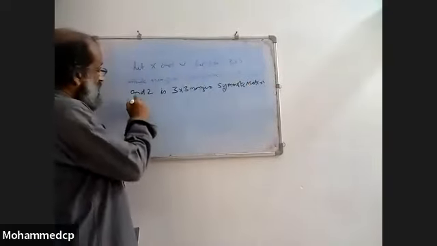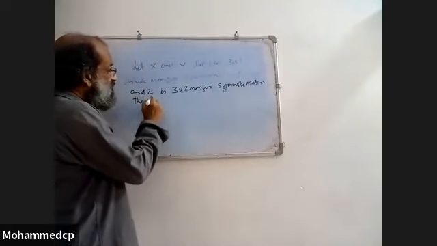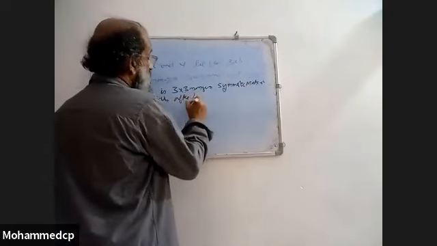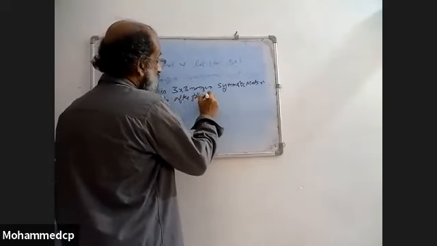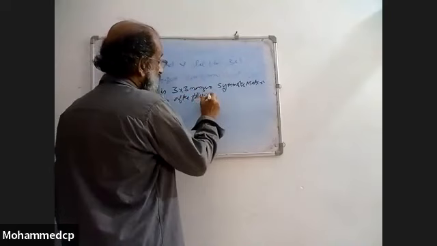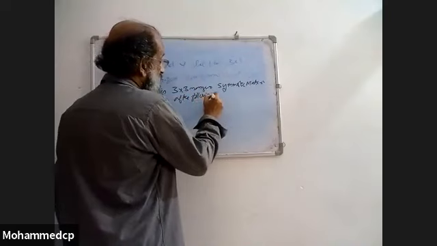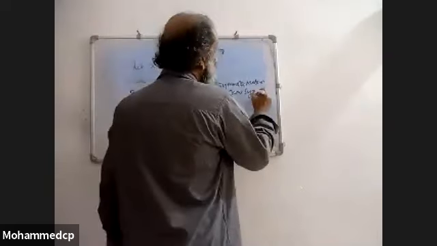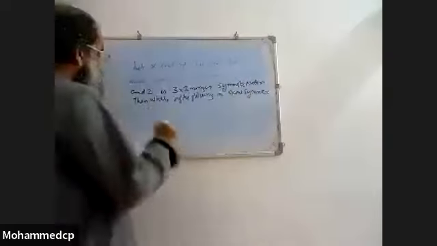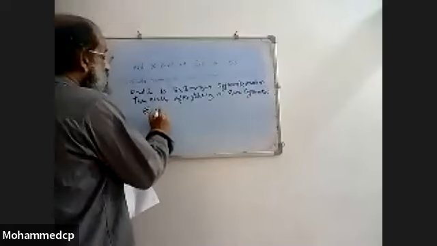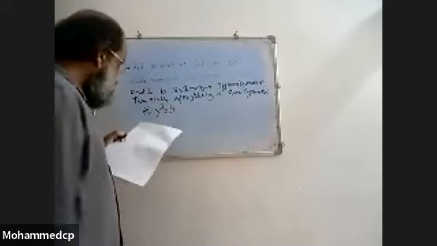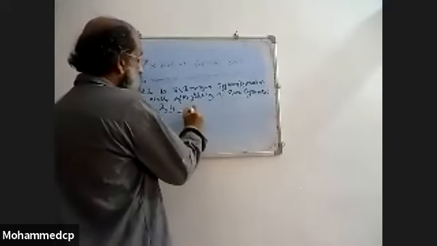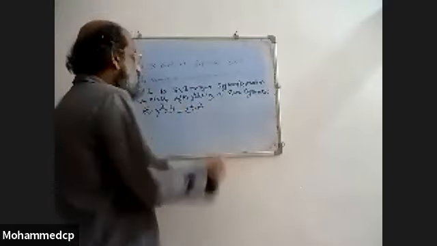Then, which of the following is skew symmetric? Option A, Y cube Z raised to 4 minus Z raised to 4 Y cube.